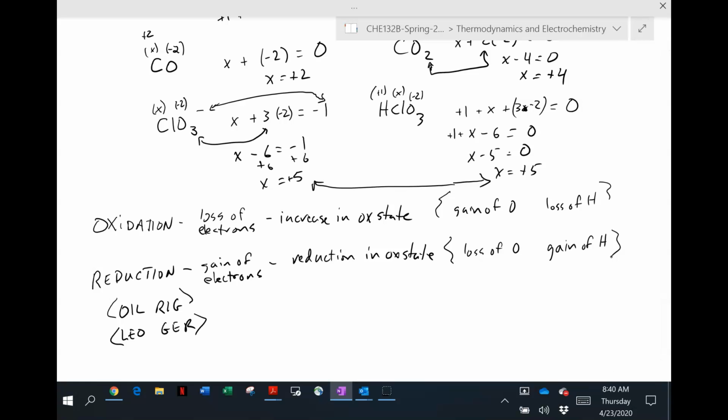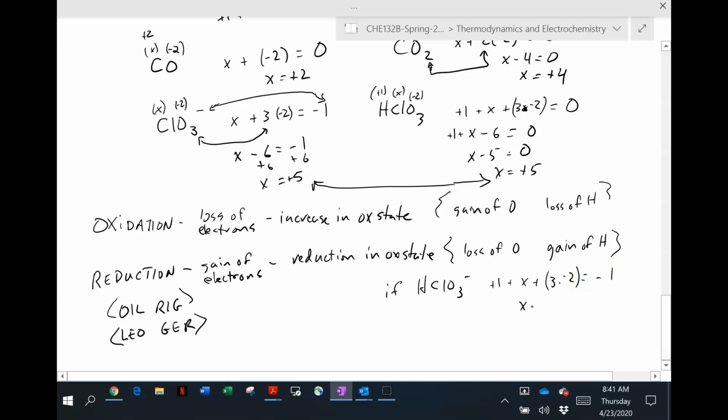You have to be careful with it, because just as we saw up there with the chloric acid example, adding that H+ to chlorate didn't change things. But if we just added a plain H atom, if it were somehow HClO3 minus, that would have a different oxidation state. So I'll just show you that one real quick. If I had HClO3 minus, which isn't something that normally exists, our equation would be +1 for the hydrogen, plus X for the chlorine, plus 3 times negative 2 for the oxygen, equal to minus 1.